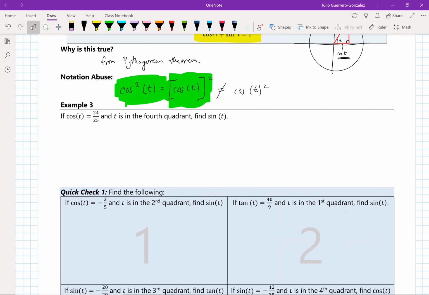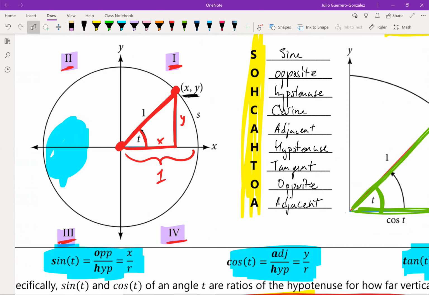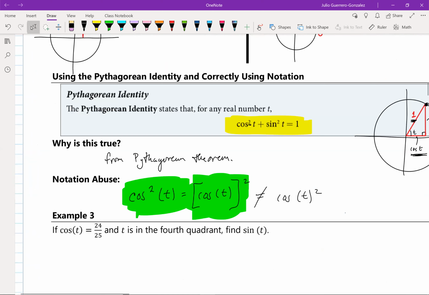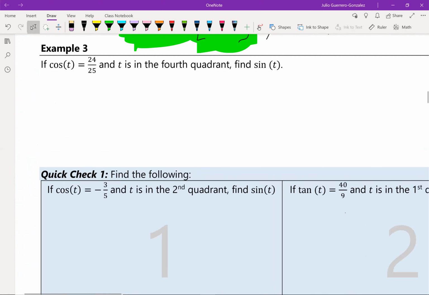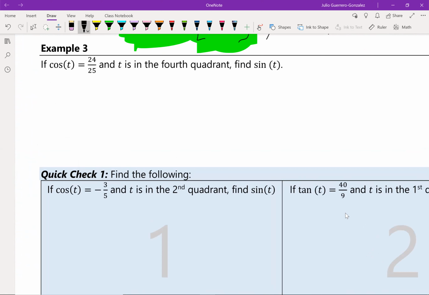So if, let's say, cosine is in the fourth quadrant, and like I said, these things have quadrants, so 1, 2, 3, 4. So if cosine is in the fourth quadrant and cosine of t is equal to positive 24 over 25, what is sine of t? So what I'm going to do, just so we know where we're at, is go ahead and draw my unit circle.